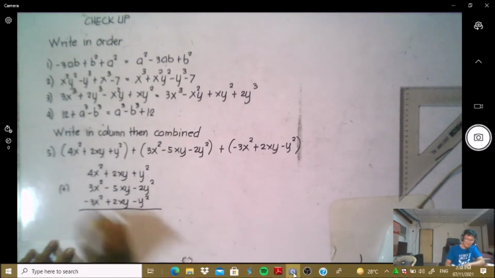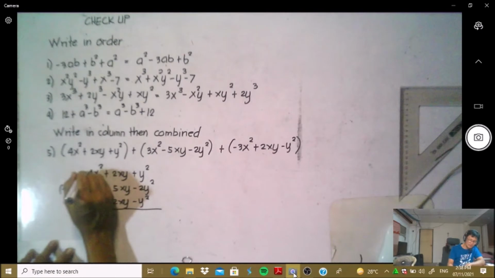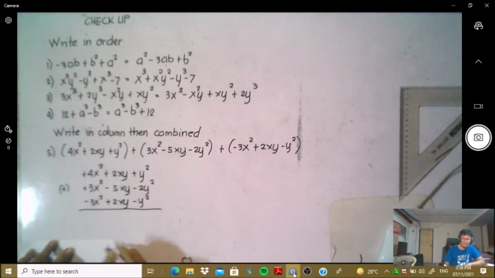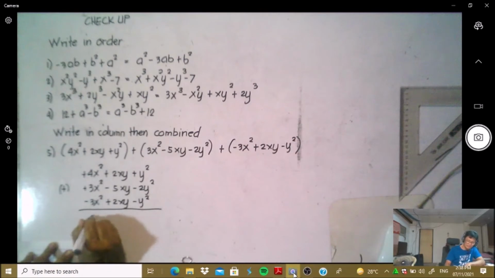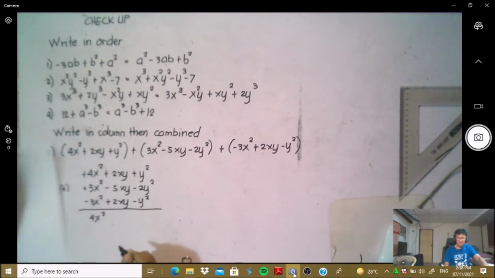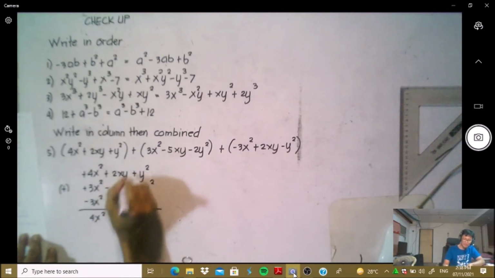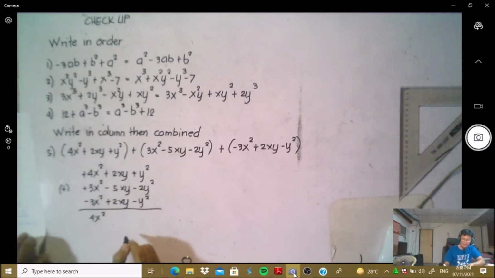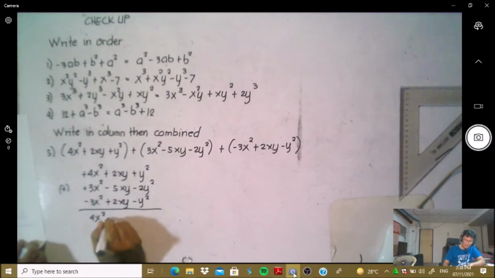We can cancel 3x squared, and therefore this will be 4x squared. Then we can combine 2xy and 2xy, that is 4, minus 5xy, so we have negative 1, or negative xy.